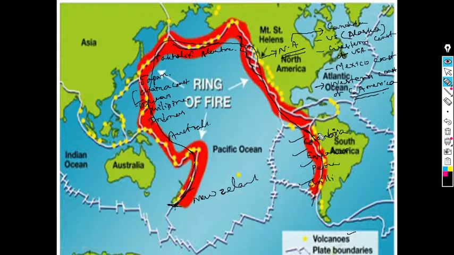They are totally encircling the globe particularly. So these are the Pacific ring of fire.